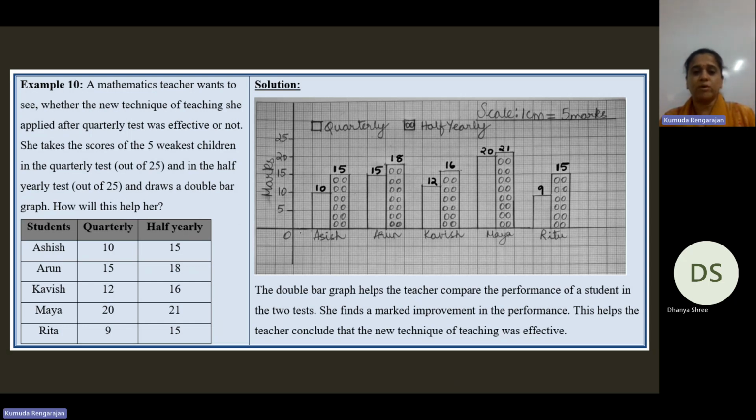So this planning is important, 1 centimeter. Then from here to here is for quarterly, from here to here is for half yearly. So from here to here, you should write Ashish. Then 1 centimeter gap. Then from here to here, Arun quarterly, from here to here, Arun half yearly. Then 1 centimeter gap. From here to here, Kavish quarterly, from here to here, Kavish half yearly. So the two rectangles about Kavish will stick to each other like this.